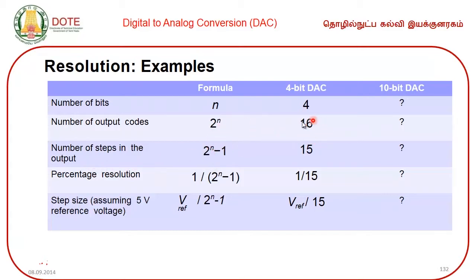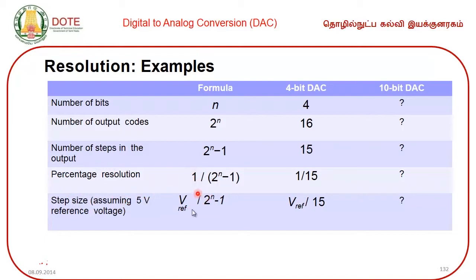We can generate 16 different combinations, but how many steps can come in the output? 15. Why? Because one of these 16 is 0. When you give all bits 0 at the input, the output will be 0 volts, so we cannot count it. So, for 15 different input combinations you will have the output voltage, right. So, percentage resolution is 1 by 2 to the power n minus 1.